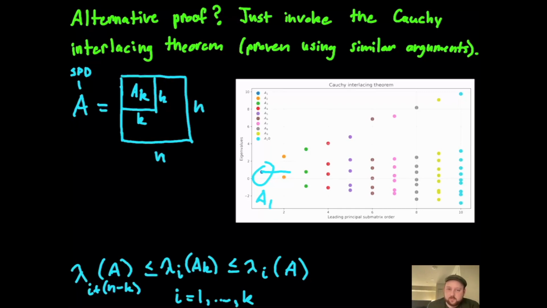And you'll see the same pattern emerge as I go to A3, A4, A5: each successive matrix's eigenvalues interlace the eigenvalues from the previous submatrix. And this will go all the way down to AN, which is equal to A.